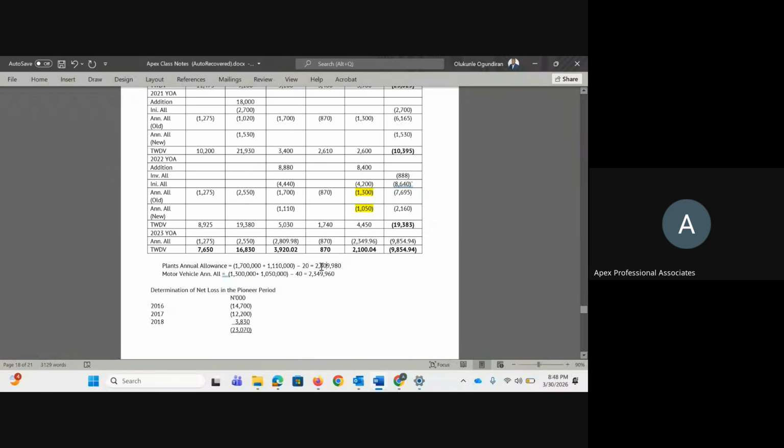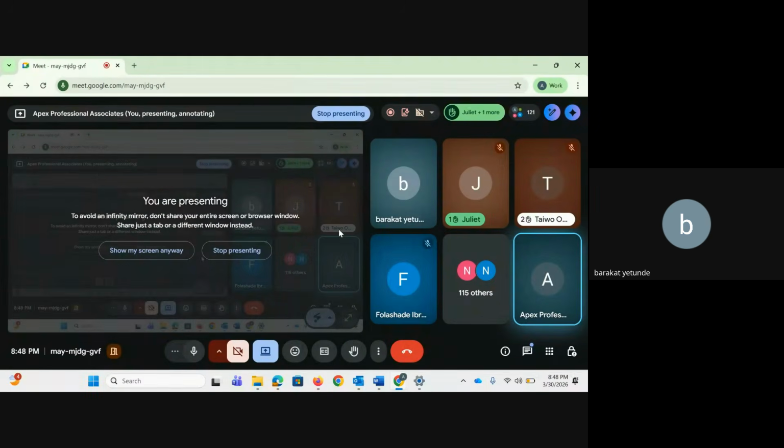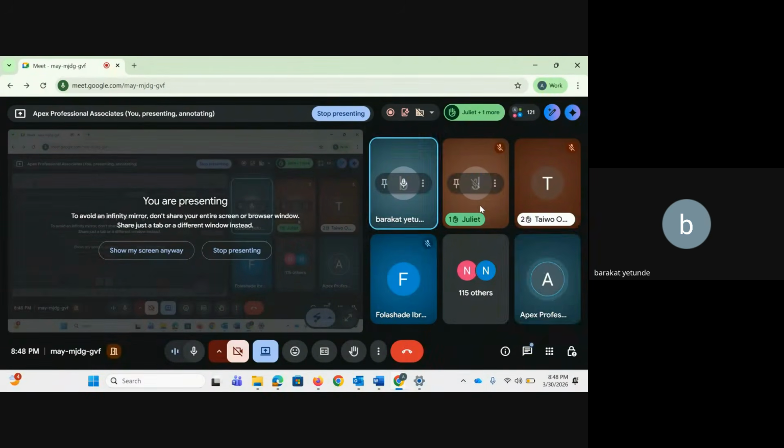I didn't get you. The 1,700, the capital allowance for the old assets. Are you saying it was not there before? It was there, but we didn't add it. We didn't add it is the problem. Okay, yes, we didn't add it.